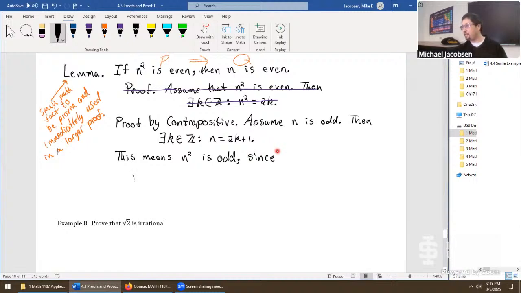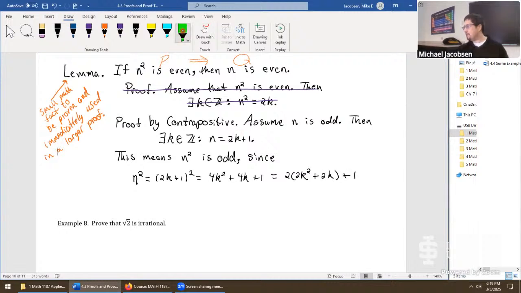Since n squared equals, we're squaring this, (2k plus 1) squared. The square of that becomes 4k squared plus 4k plus 1, allowing us to factor 2 from the first two terms, leaving behind 2k squared plus 2k plus 1.